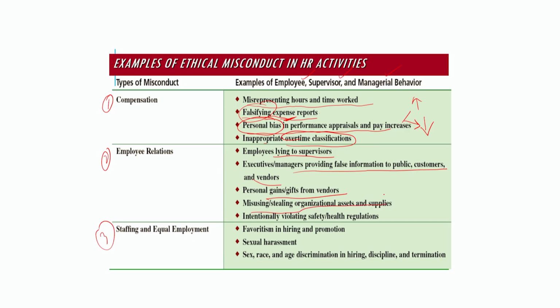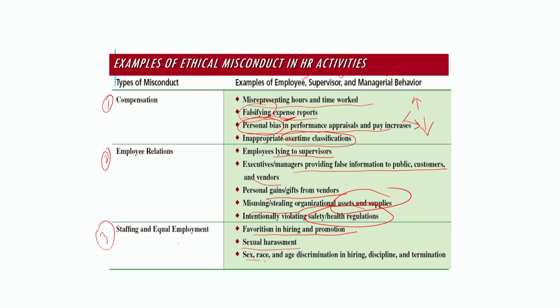Misusing or stealing organization assets and supplies, which is very common nowadays, where organizational members take resources from the organization, maybe papers or other stationery items, or maybe bigger assets like printers, PCs, computers, etc. Intentionally violating safety and health regulations by the employees. Favoritism in hiring and promotion is also a misconduct.